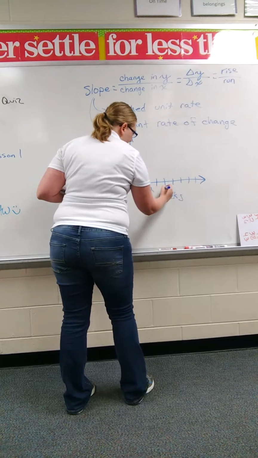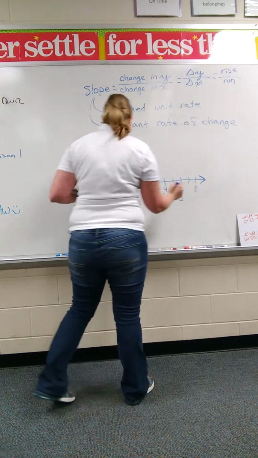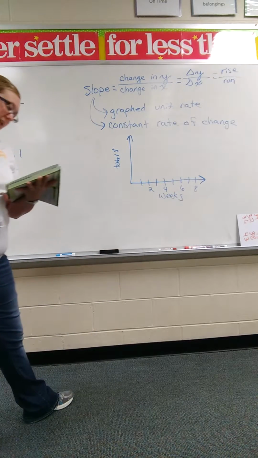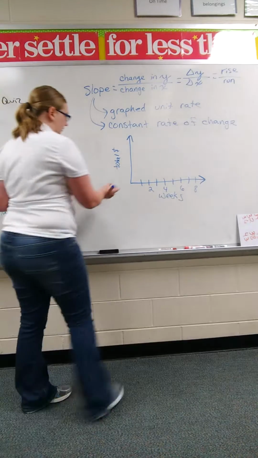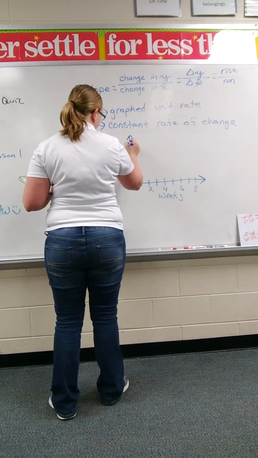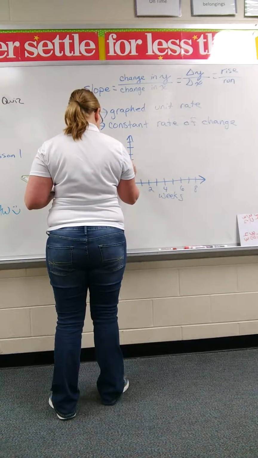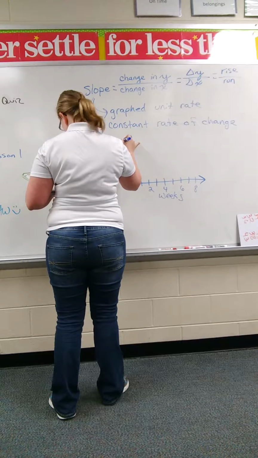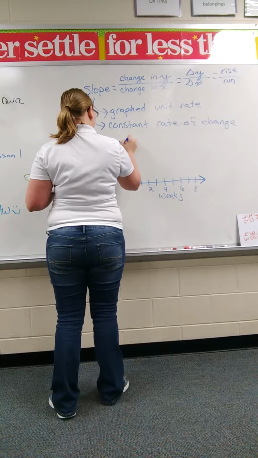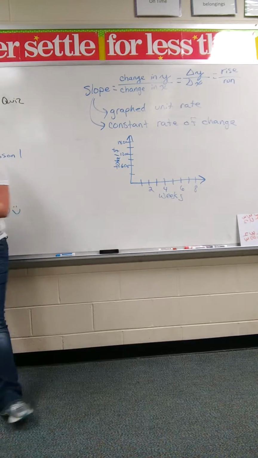So we have 2, 4, 6, 8. And then the graph that's given, our y value increases in units of 600. Okay. Your graph has extra lines that I don't have, but that'll be okay.